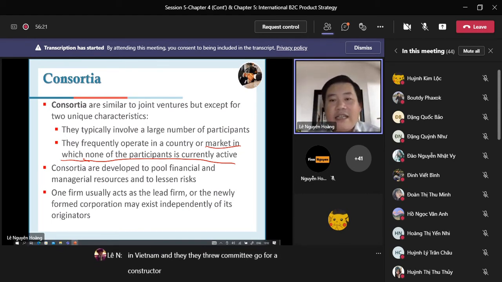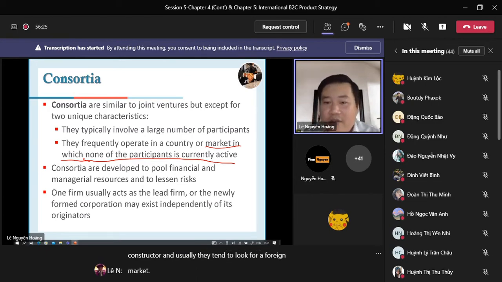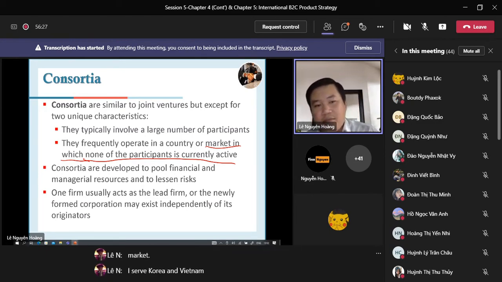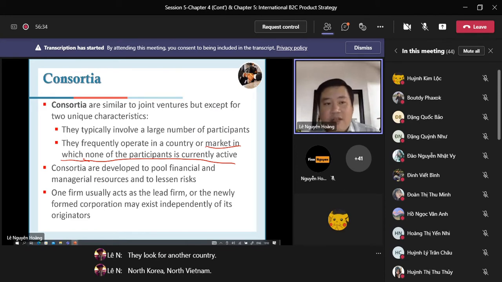Usually they tend to look for a foreign market except Korea and Vietnam. They look for another country, not Korea, not Vietnam. That's what we call consortia, and that's one of the key characteristics of consortia.